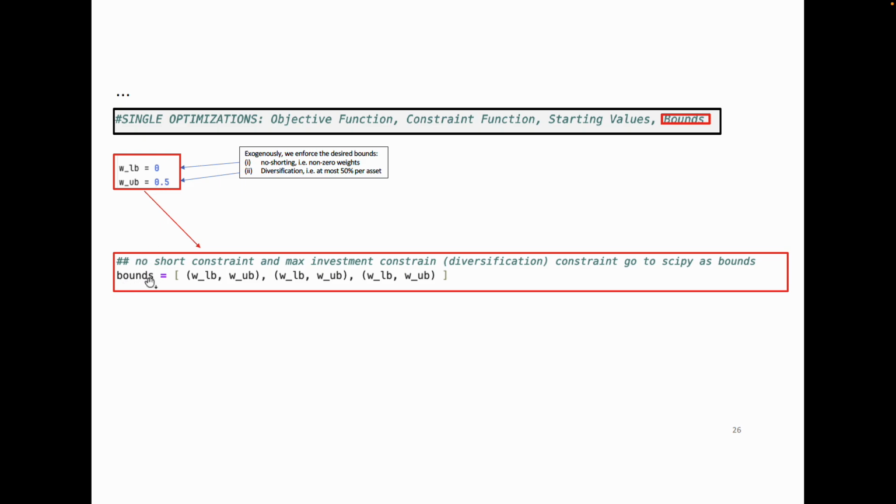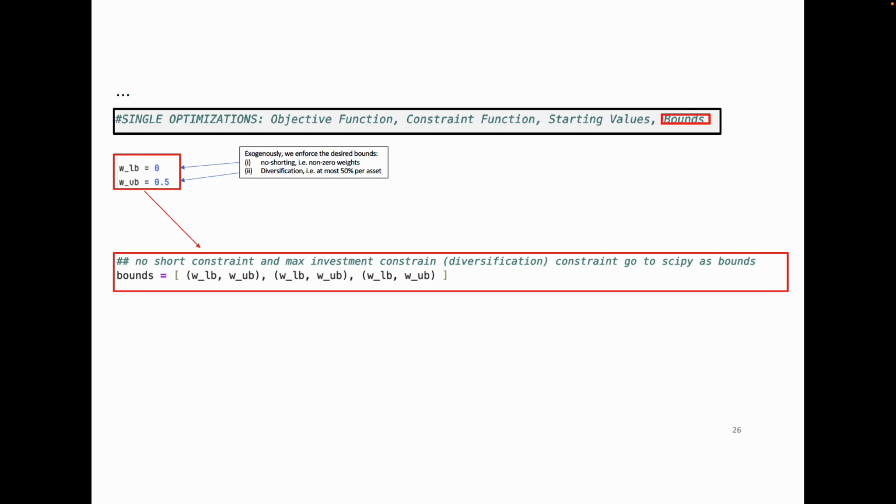So what I do here, I create an, I just call it object, maybe it's a list or the like, I don't know, someone knows, how should I call it better? I think object is the wrong word, but I just keep using it then. So I create an object here which contains 3 times lower and upper bound, because we have three assets, so we will have 3 holdings.